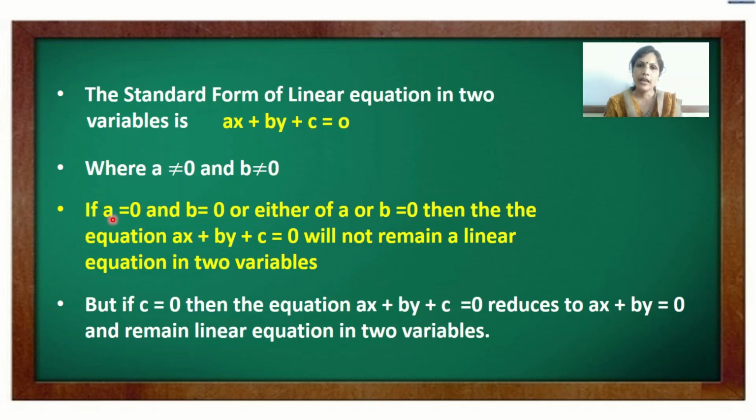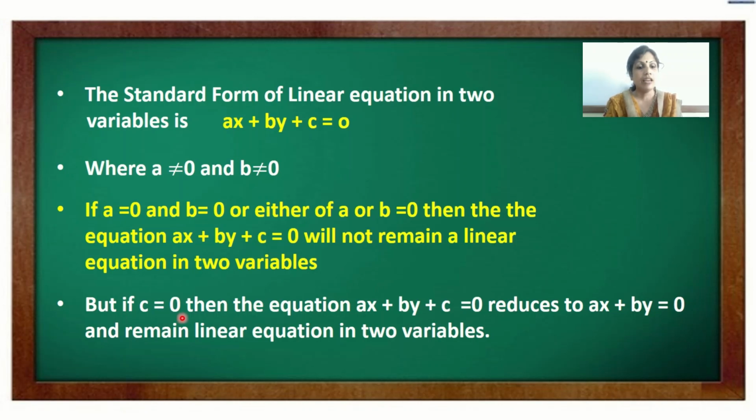So if a is equal to 0 and b is equal to 0, or either of a or b is equal to 0, then the equation ax plus by plus c is equal to 0 will not remain a linear equation in two variables. It will get converted into a linear equation in one variable. So the condition is a cannot be equal to 0 and b cannot be equal to 0.